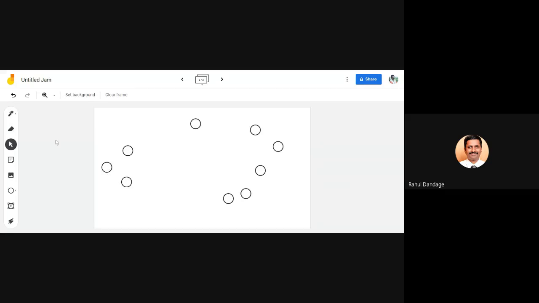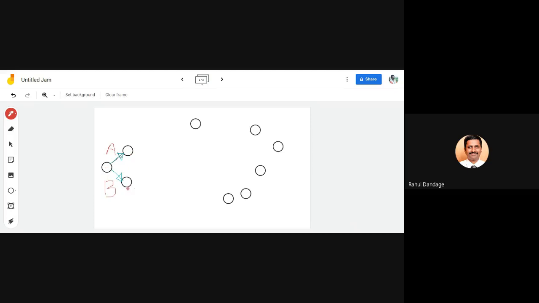There is no precedence. So I will start from this point and mark one arrow. I'm showing by colored pen. This is activity A, and this is activity B.